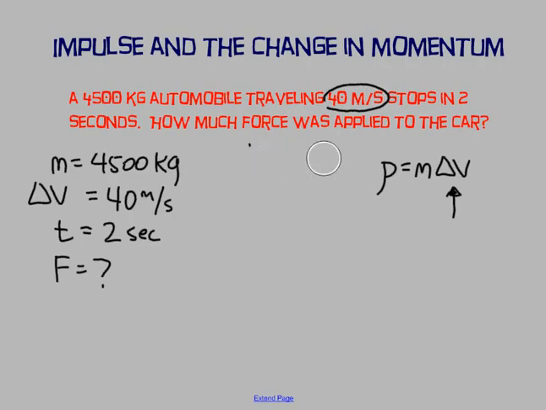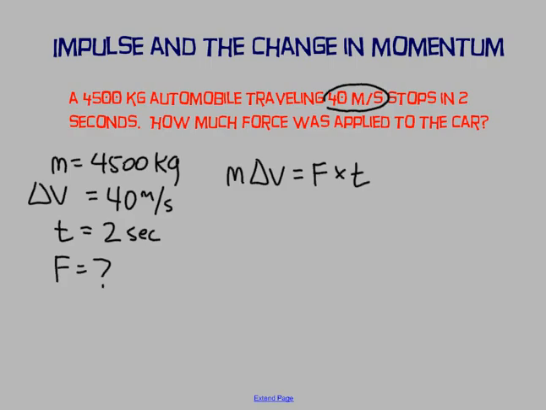So with that being said, we can get a little bit more specific as we link these two things together. We have m delta v, which is our change in momentum, and we learned a second ago that m delta v is equal to the force times the time. So the change in momentum on this side is going to be equal to the impulse.